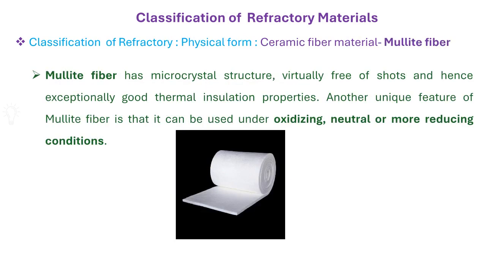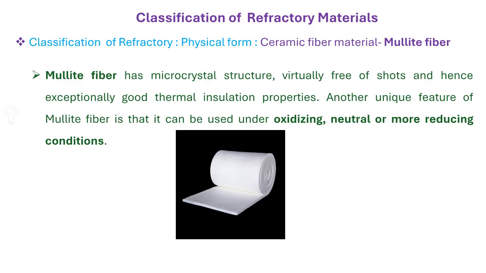Now let's talk about mullite fiber, a specialized, premium category of ceramic fiber material with truly exceptional properties. Mullite fiber has a very fine, uniform microcrystal structure that is almost completely free of shots, those unwanted fused particles we discussed earlier.